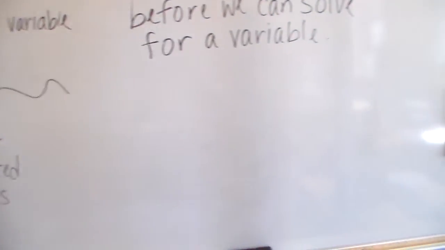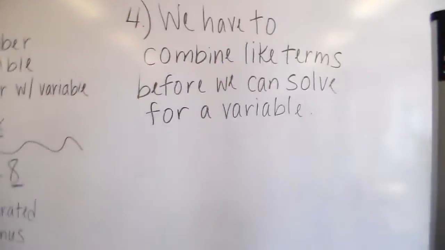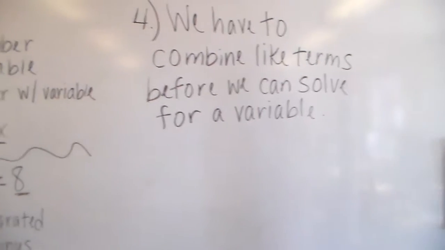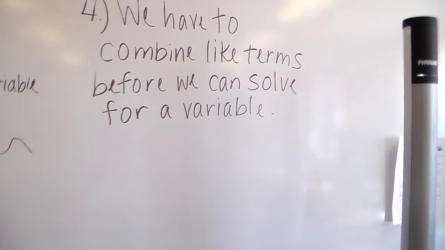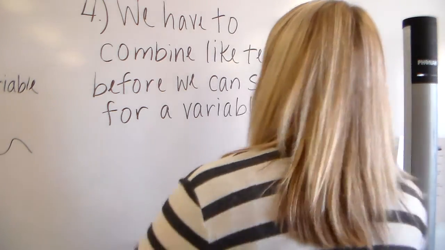So if we go back to our rule number 4, combining like terms, let's move back over here. Combining like terms, we need to know what like terms are. I've learned about terms, I've learned that I have to combine them, but which ones are considered like each other?